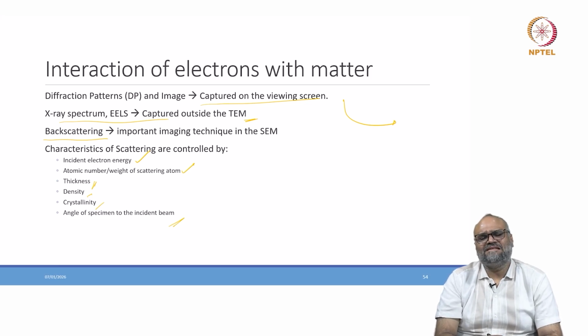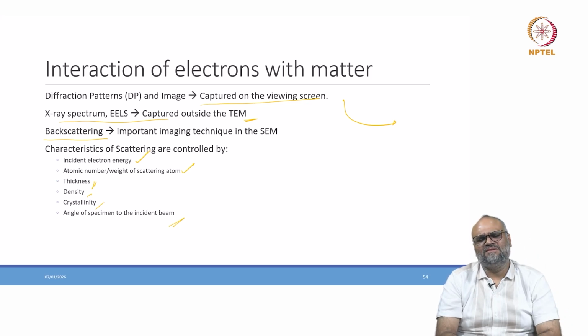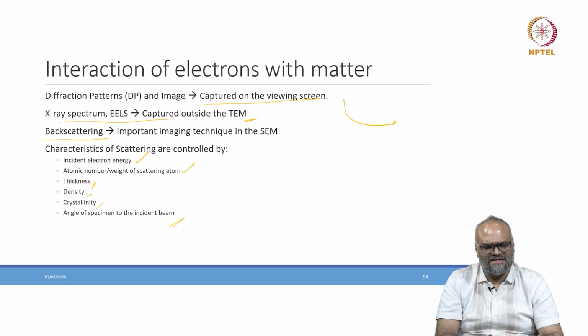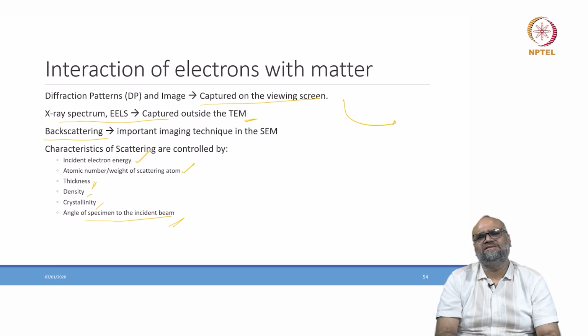You may have grazing incidence in some cases. It is commonly used in X-rays, but there is something called a low energy electron microscope where you are collecting signal only from the surface. So there are different ways in which you can orient the specimen and collect the information. The angle of specimen to the incident beam also influences something called channeling contrast, and there are special modes of imaging which are relying on this.